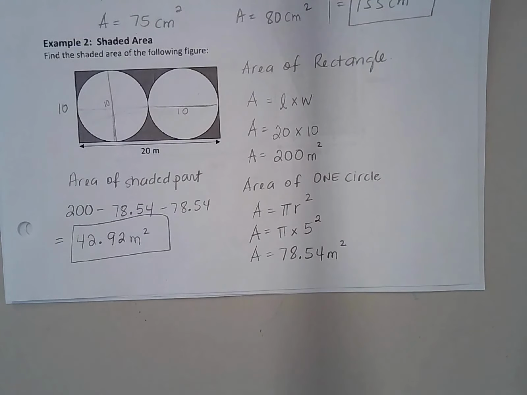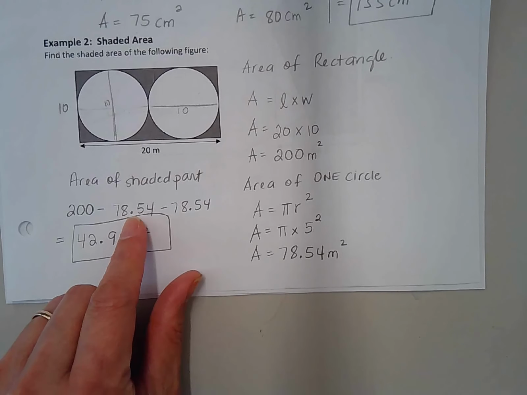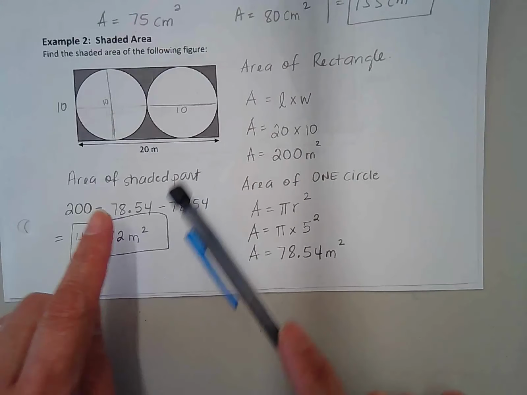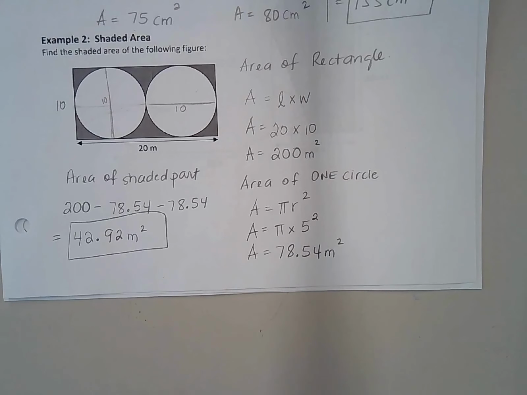So you're taking it away, subtracting them. Because there are two circles, you subtract 2. If it's one circle, it's just minus 1. Correct. If it's 3 circles, then there'll be 3 holes, so 3 times minus.